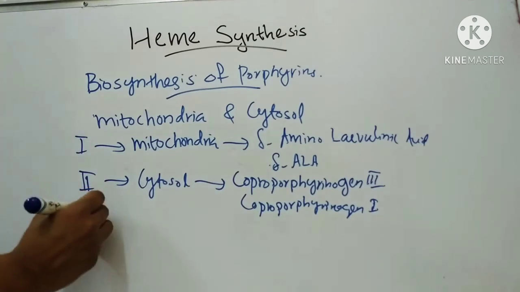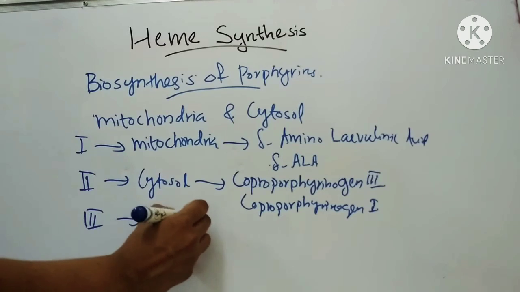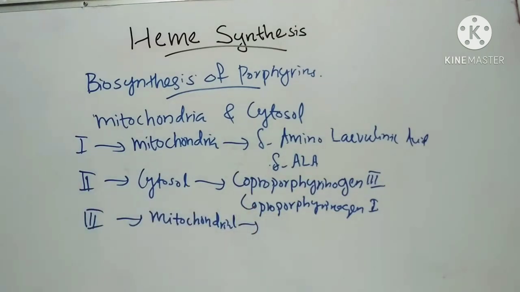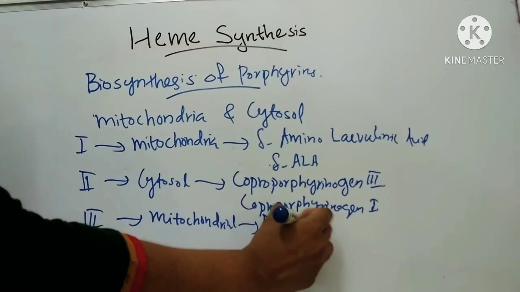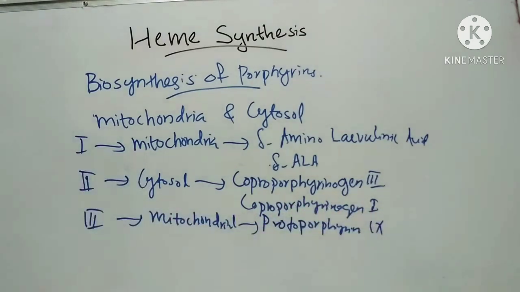Then coming to stage 3, this is also mitochondrial. Stage 3 is the synthesis of protoporphyrin 9. This occurs in mitochondria.